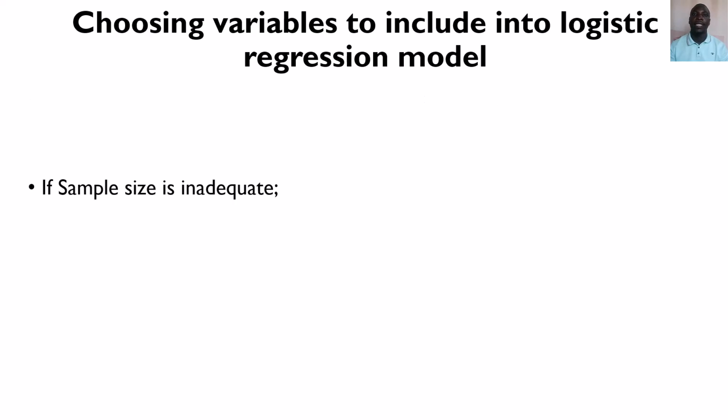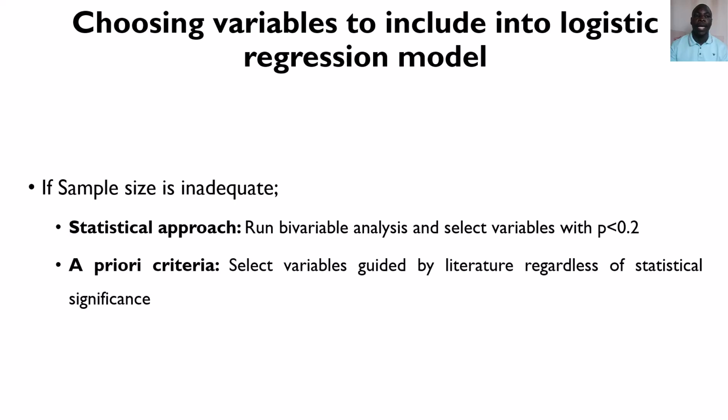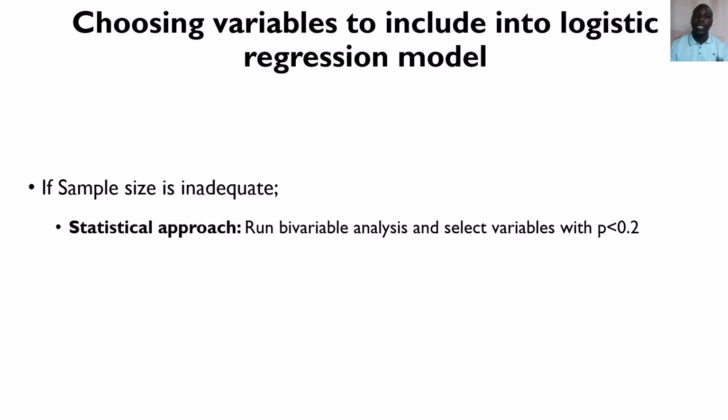However, if sample size is inadequate, which is the commonest scenario in most research, then there are 2 approaches that you can use. We have the statistical approach, and then we have the a priori criteria. The statistical approach involves running a bivariate or bivariable analysis and screening out of the many variables that you have, which ones have p-values less than 0.2. They could be relevant in predicting your outcome.